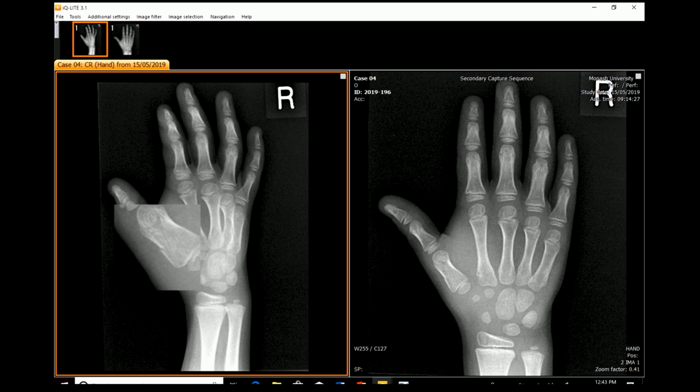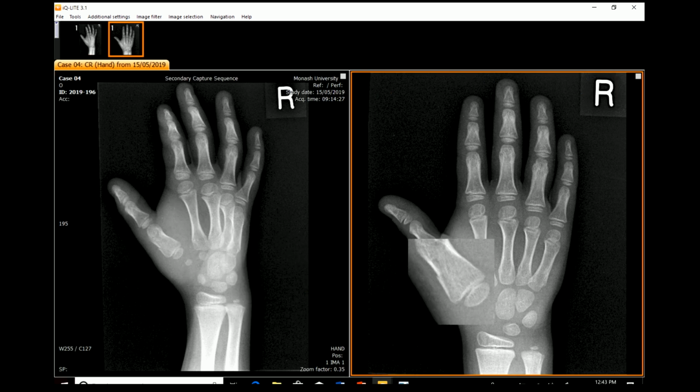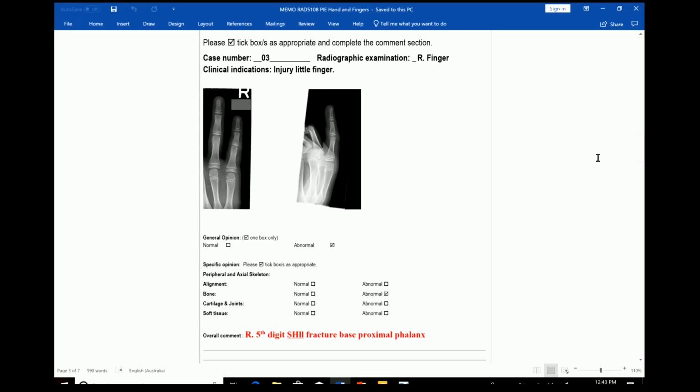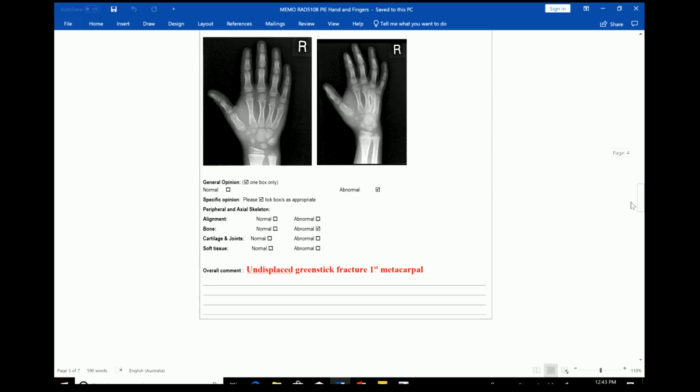The break is only on the one side, which makes it a greenstick type of fracture. So abnormal, and the bone is abnormal. So the overall comment is that there is an undisplaced greenstick fracture of the first metacarpal.